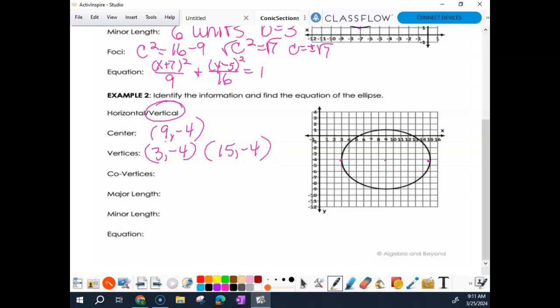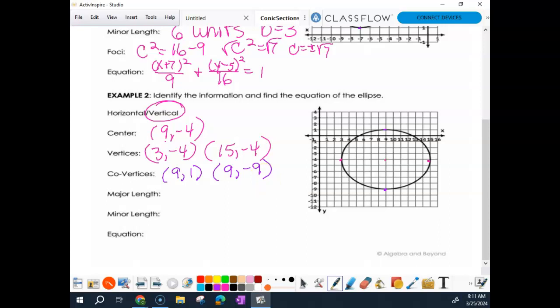So next, the co-vertex are here and here. So I'm going to get 9 and 1, is that right? And 9 and -9? Yes? Okay?